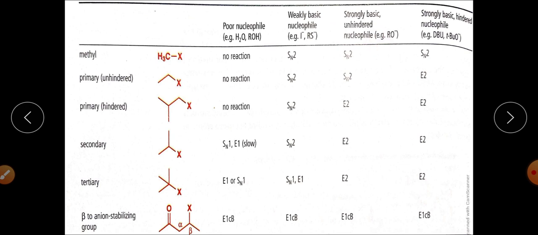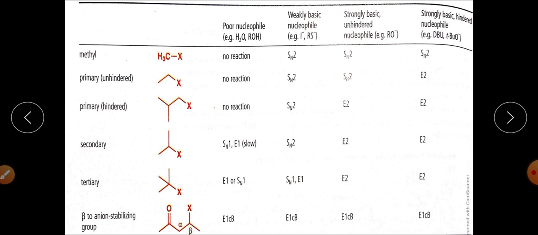You are having strongly basic unhindered nucleophile, alkoxide ion RO negative, and you are having strongly basic and hindered nucleophile that may be DBU and tert butoxide, for example.